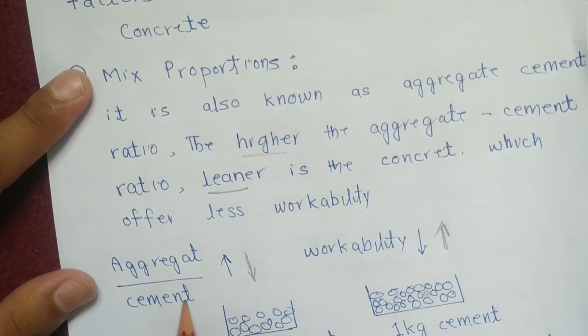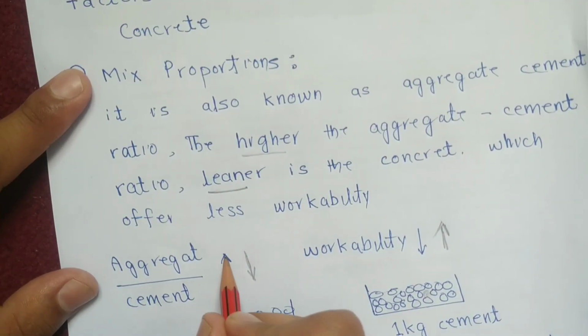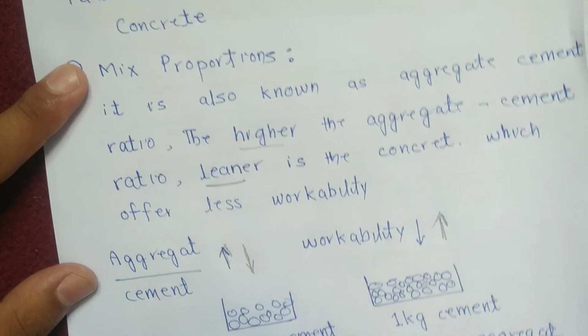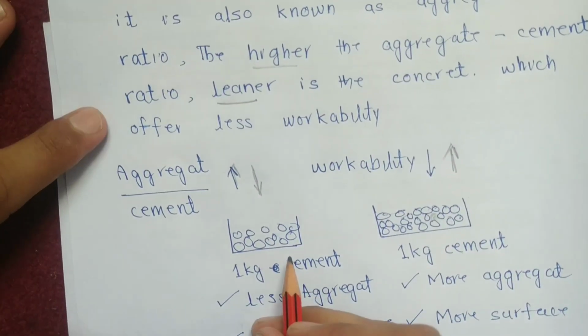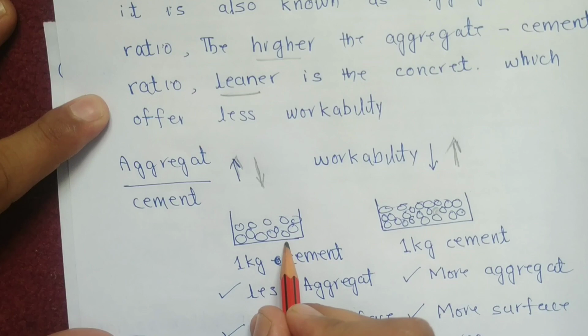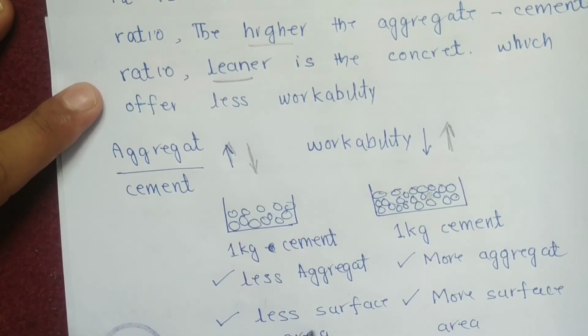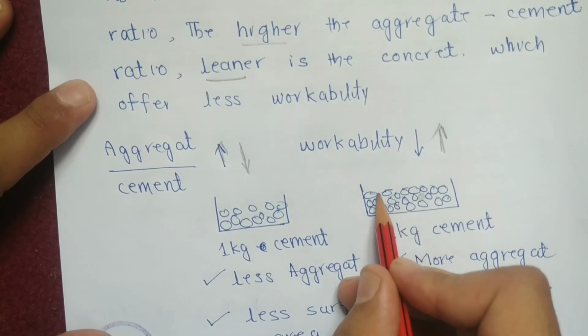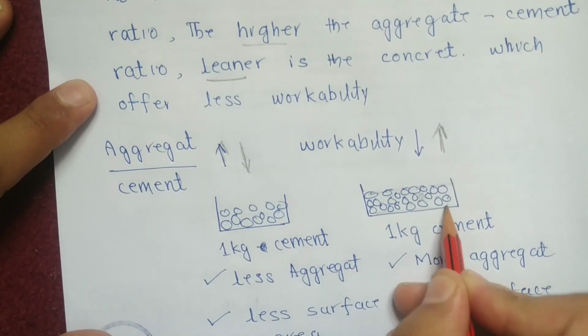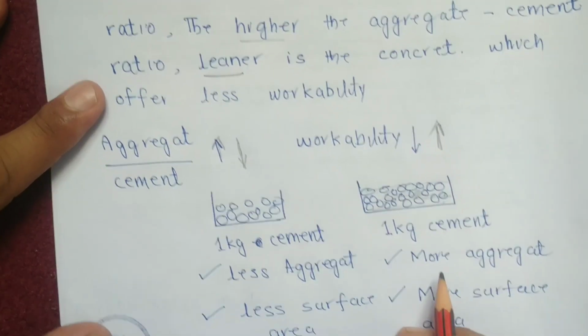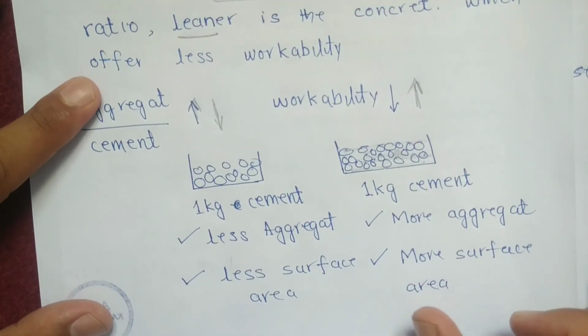Whenever we are increasing the aggregate cement ratio, it means that we are increasing aggregate. Here we have given one example. In this one the aggregate is less, so we have less surface area, and in this one we have more aggregate, so our surface area is also more.